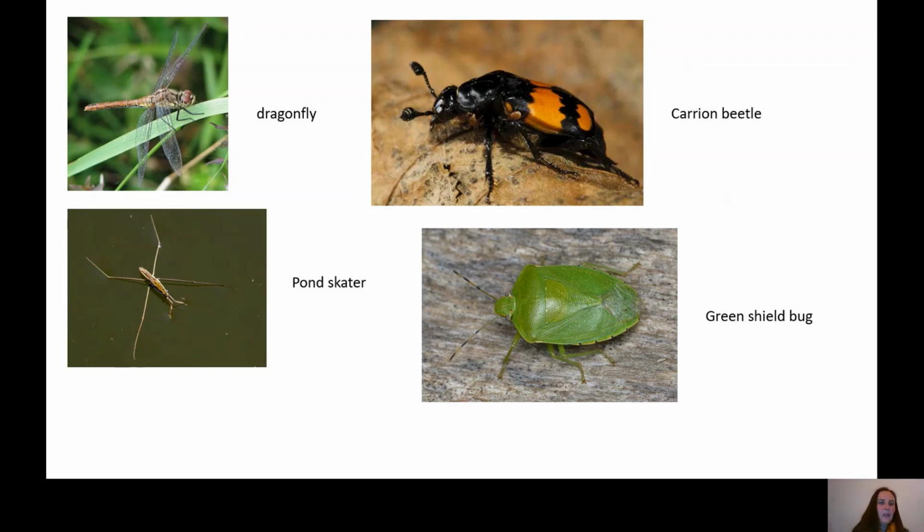So we've got a dragonfly, quite distinctive because it's got 2 sets of wings and a very thin, long abdomen. Then we've got the carrion beetle, again quite distinct with its colour patterns on its back. We've got the green shield bug, which is in a shape of a shield, and a pond skater, which, as the name suggests, travels around a pond by skating on it.